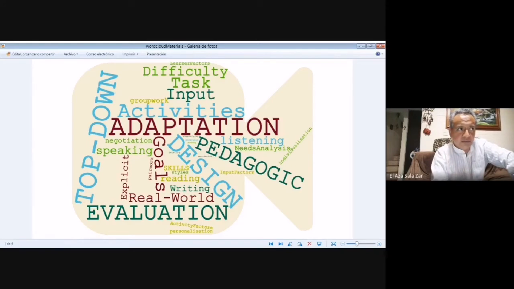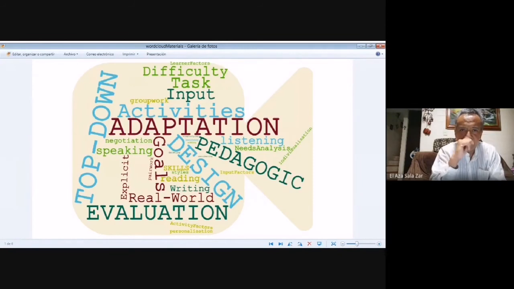For example, for reading comprehension, when you have a text, it is a metaphorical way of expression. When you have a text, it is here, down. The bottom up strategy is when the information, the knowledge goes from the material up to the learner's head.